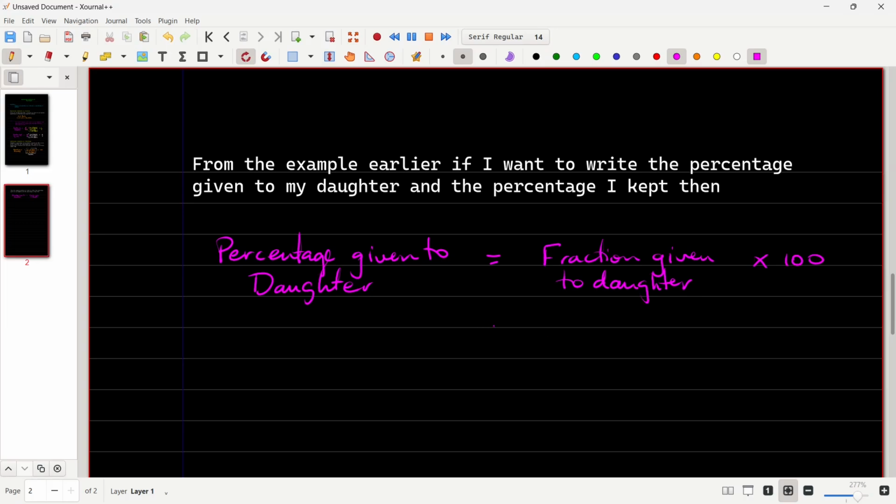So we're finding out the fraction of that 100 pieces. So 1/4 of 100, 4 into this, 25. That means 25, and we put a percent sign so that you recognize it's a percentage we're writing here.